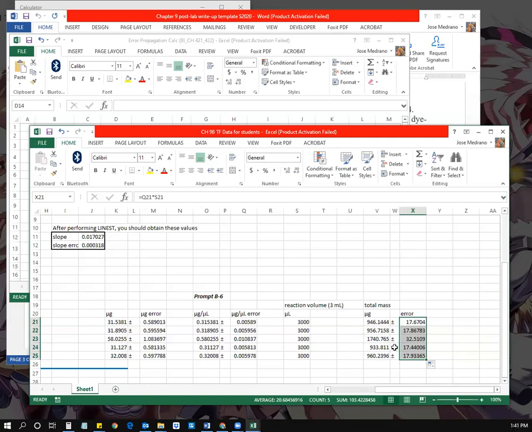All right, let's take a quick look at our values. This is reporting to us micrograms. For reactions 3, 4, 6 and 7, we have about 950 micrograms. This actually makes sense because this is very close to 1,000 micrograms, which is the same thing as 1 milligram.